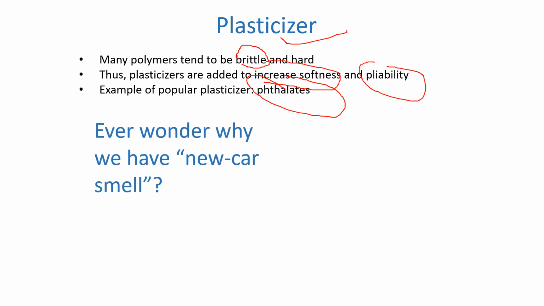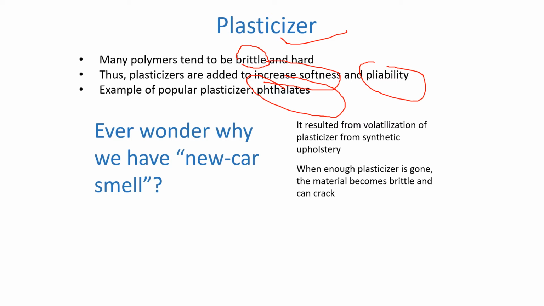So this is the reason why we have a new car smell, because in the first few days upon application of plasticizer inside the polymer, it will volatilize upon heating.